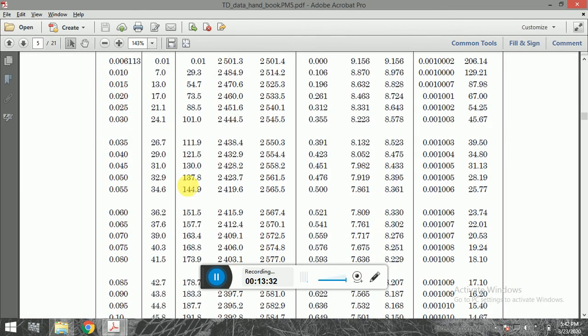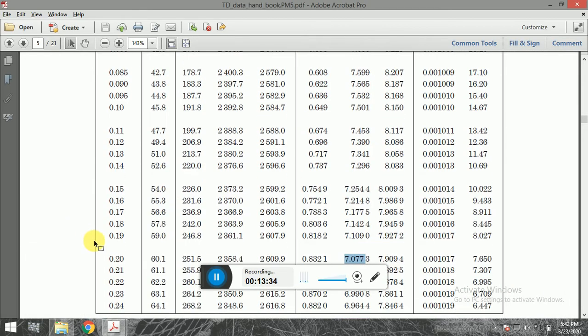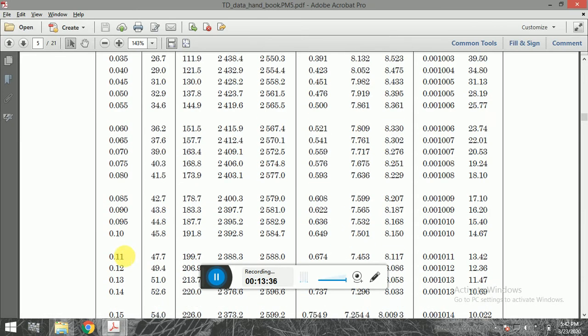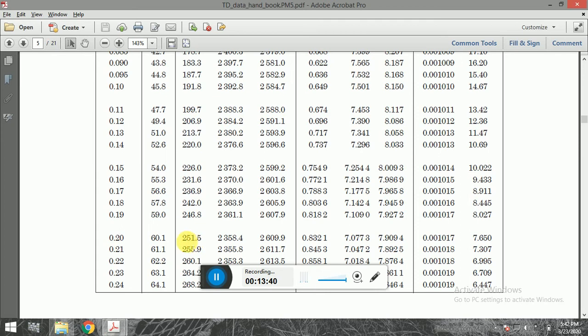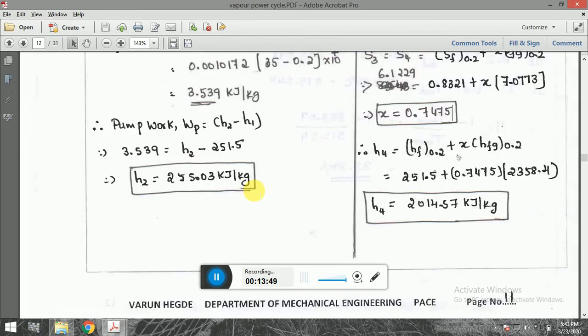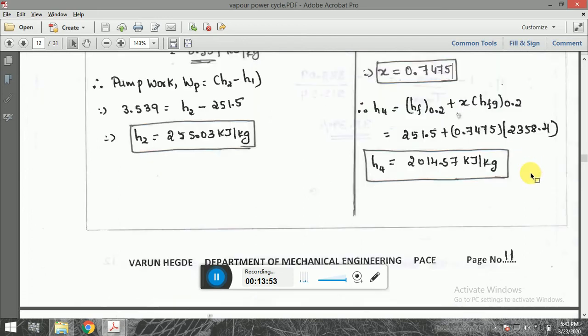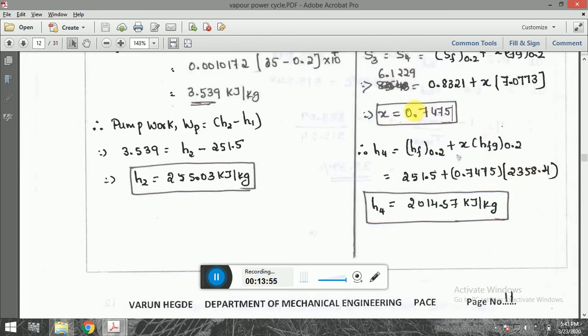At 0.2 bar, the Hf value is 251.5 and the Hfg value is 2358.4 kilojoule per kg. After noting down Hf and Hfg from the data handbook, and since we already know the value of x, we find H4. So H4 we have calculated.